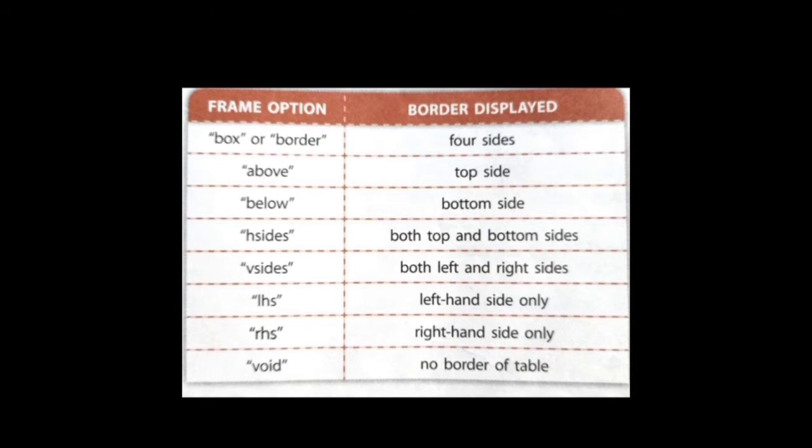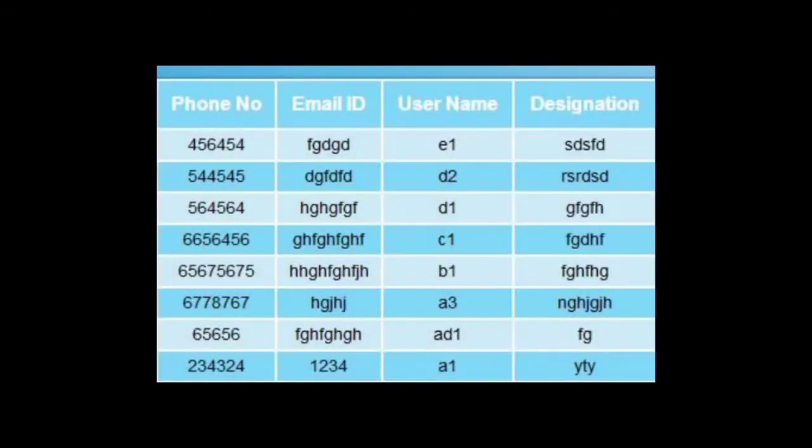Okay. Then next is BG color. This attribute is used to change the background color of the table. The value can be the name of any color. It sets the background color of all the cells in the table that do not contain their own background color.